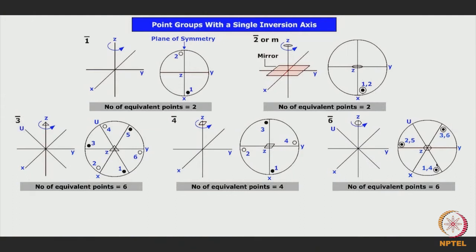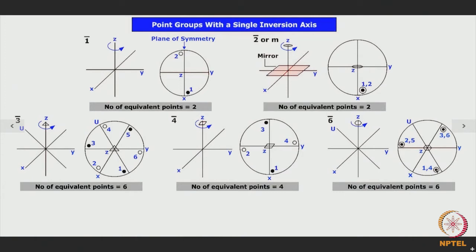because of the 6th position of the 6-fold rotor, what it should have gone in the first case, this should have gone to this point, but instead of going there, it will suffer an inversion and come to this.